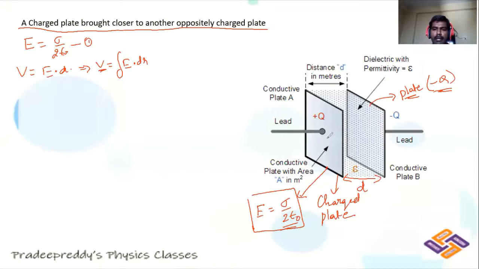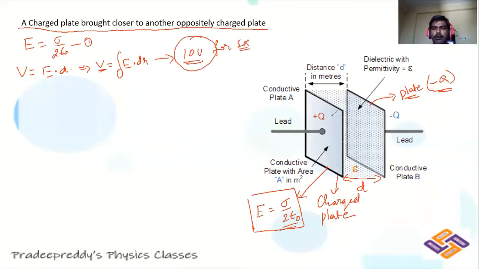Now what happens when you bring this negatively charged plate closer to this? Its potential decreases. Previously, what is its potential? V is something like around, I can consider its potential as 10 volt, for example.